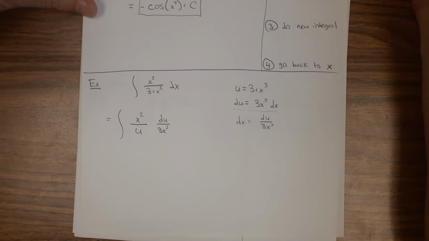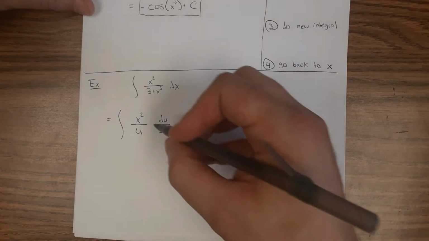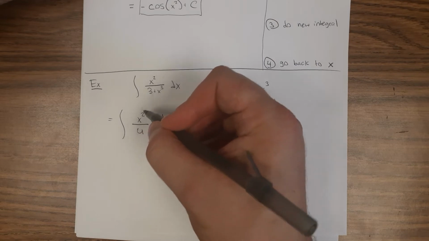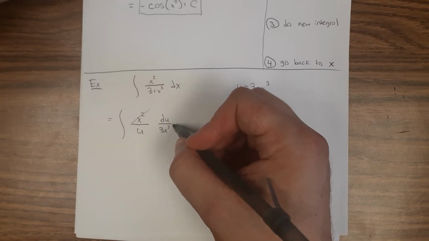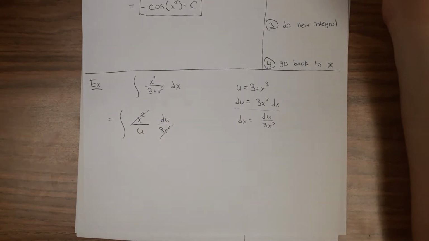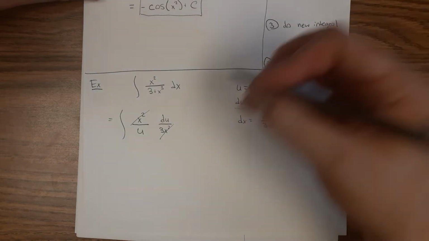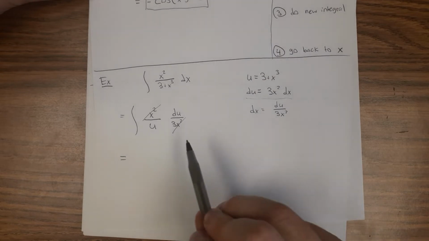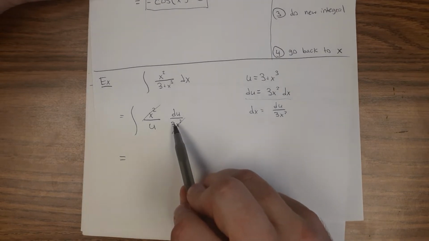Now that I've written that, I can just do algebra. And miraculously, this x squared that I didn't know what was going to happen with has something to cancel. So where am I? I've got this 3 in the bottom.